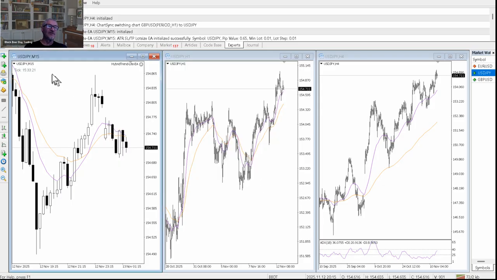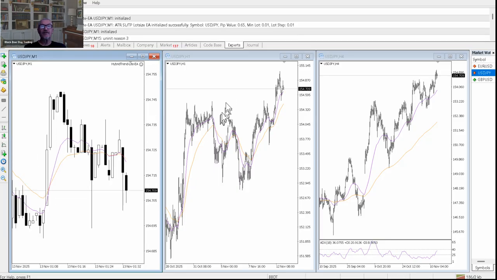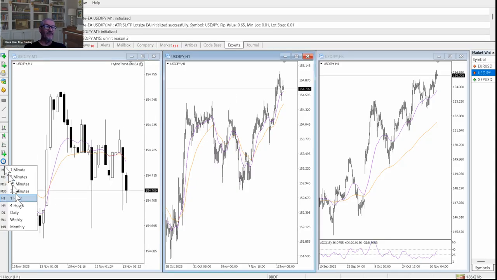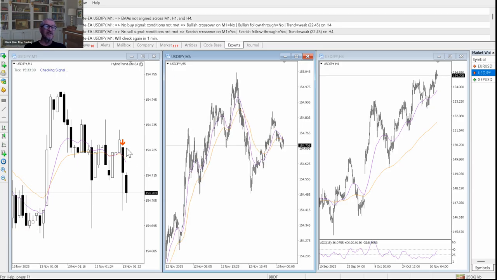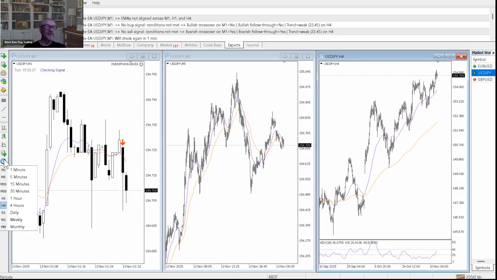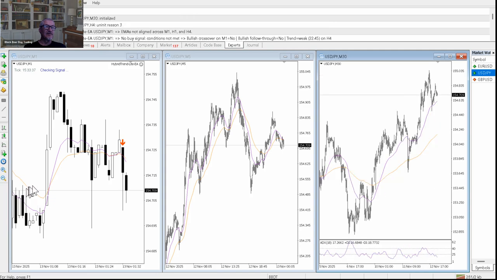So cancel, we go here and we set this to M1, we set this to M5. Already I got a crossover signal, it beeped, and it shows me the arrow, and here we go to the M30. There we go.